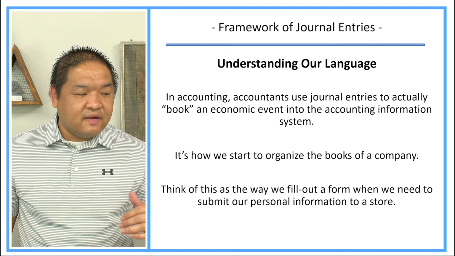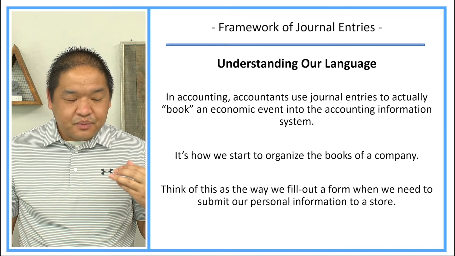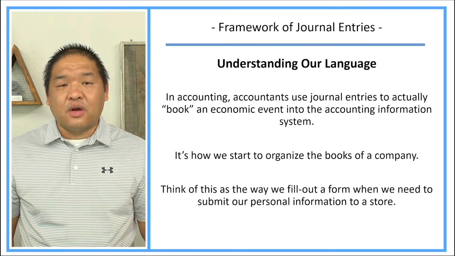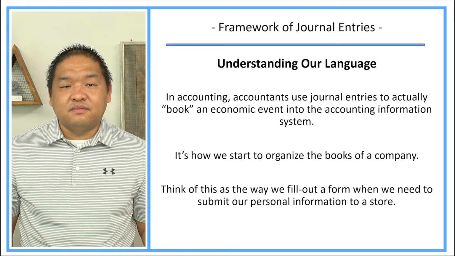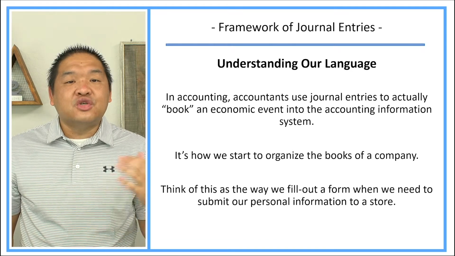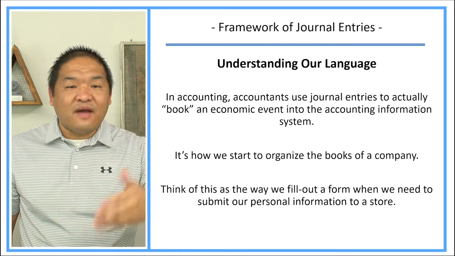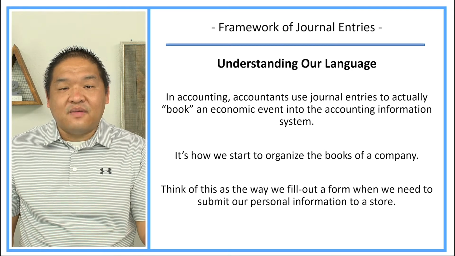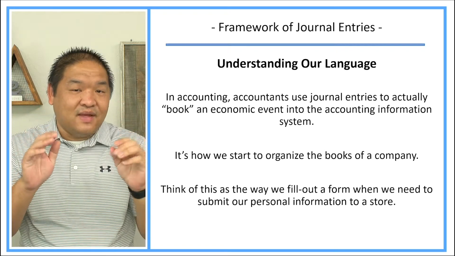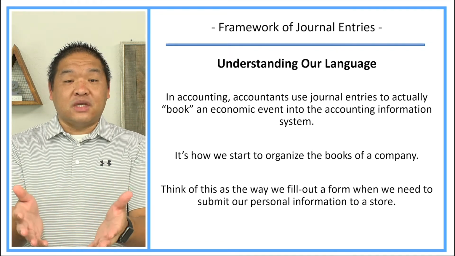Just like if you were to enroll in a store's rebate program or rewards program, you'll have to fill out some document or give them your phone number or do something to enroll yourself. Well, think of that. That's what we do every single day. We are taking that information and filling out a form, in this case journal entries, so that we can organize that data and do something with that data.